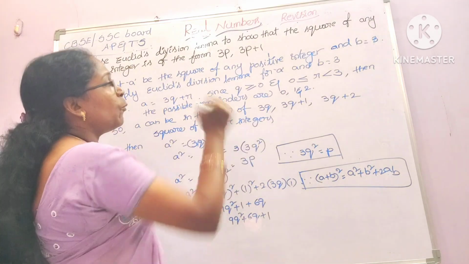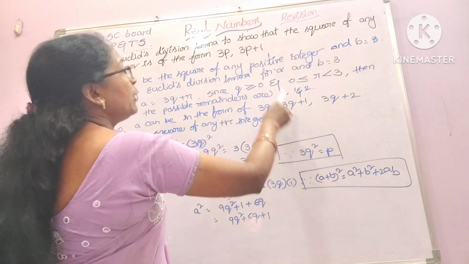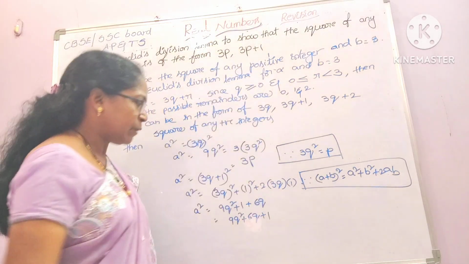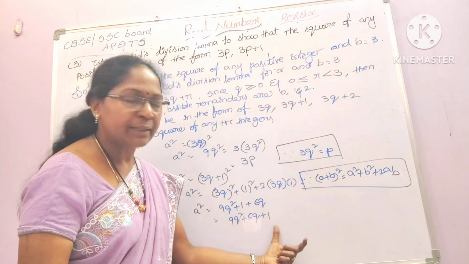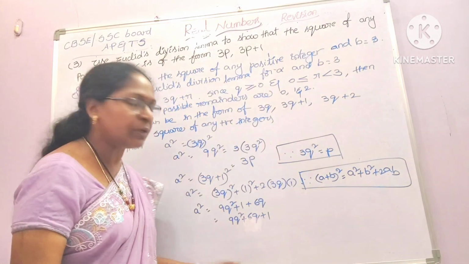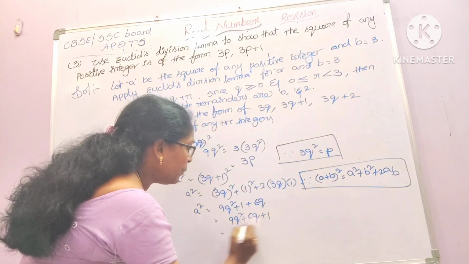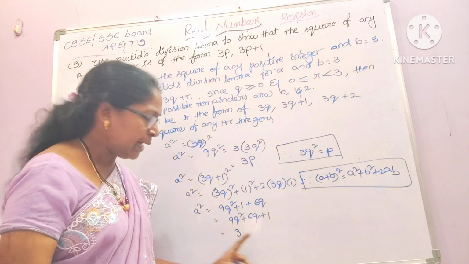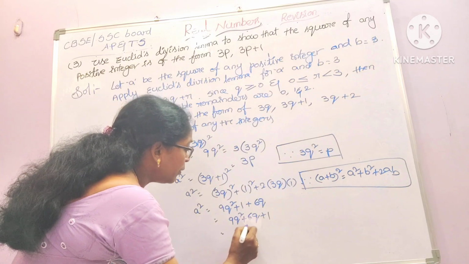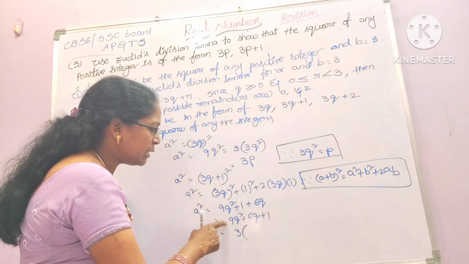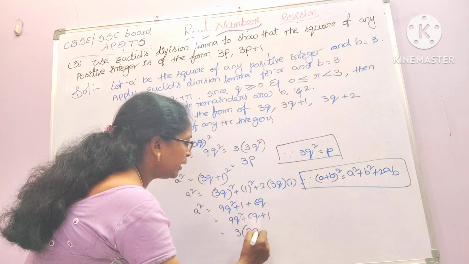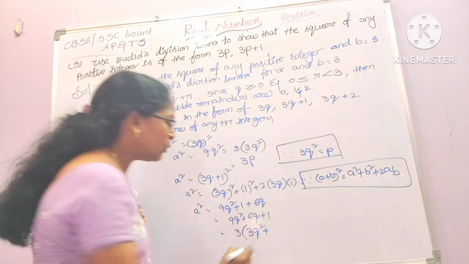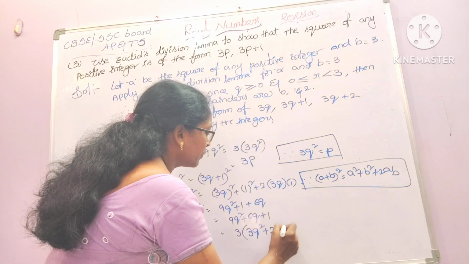Now here what you have to show is that this entire thing you have to write in the form of 3p or 3p plus 1 only. But here we got 3 terms, that is also in the form of q terms. Just now you write: in both the terms you can take 3 as common. Why? Because 3 is divisible into 9 as well as 6. Whenever you take 3 as common, 3 is divisible into these 3 times: 3q square, plus 3 is divisible into 6 2 times: 2q.